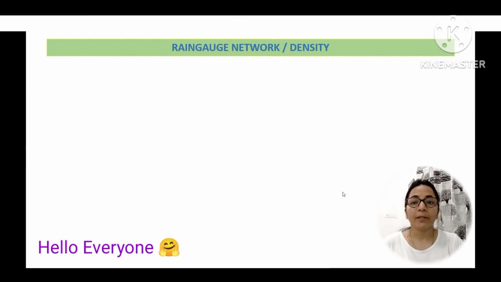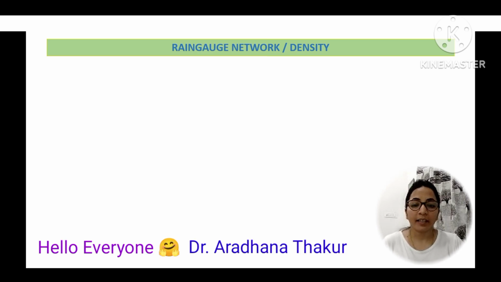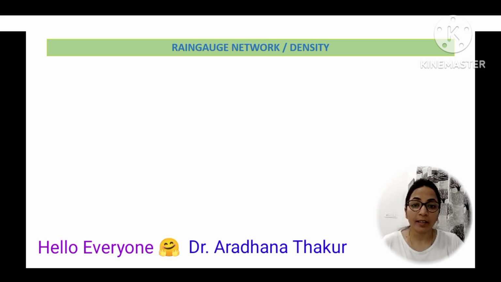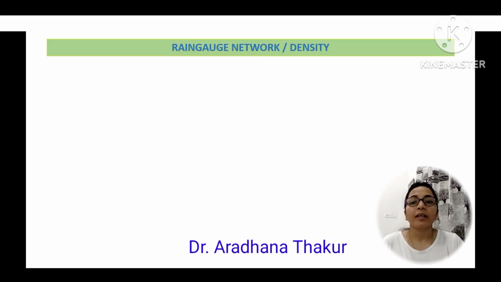Hello everyone. In previous classes, we have discussed measurement of precipitation using rain gauges, radar, and satellite, etc. And different methods provide data at a different scale. Rain gauge provides data at a point, the radar provides data for a particular areal extent, and satellites provide data at the global scale.